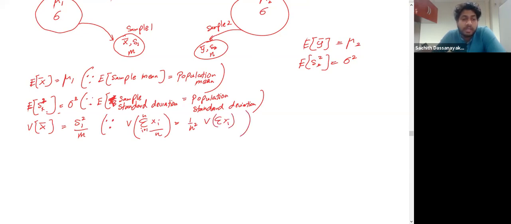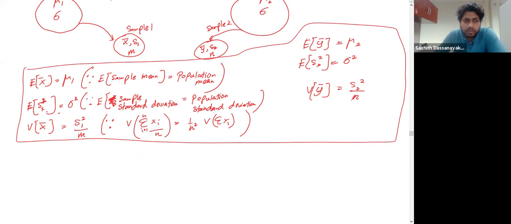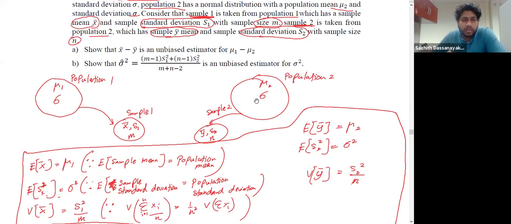Once you simplify this, you get this result. Same here, for y bar you get S2 squared over n, where the sample size is n. Now you have these results. Let me box them because I need them later.